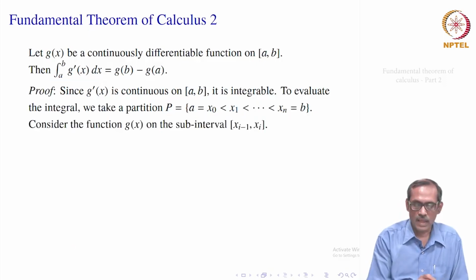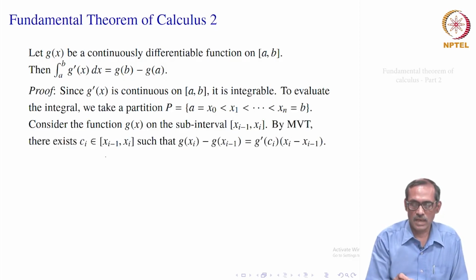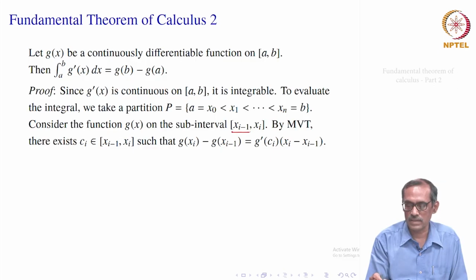And then consider the function g x on the sub intervals. We have to take the sub intervals. Now, let us say you consider g x restricted to the interval x_{i-1} to x_i in R, then it is continuous on this closed interval. Of course, it is differentiable because that is assumed.